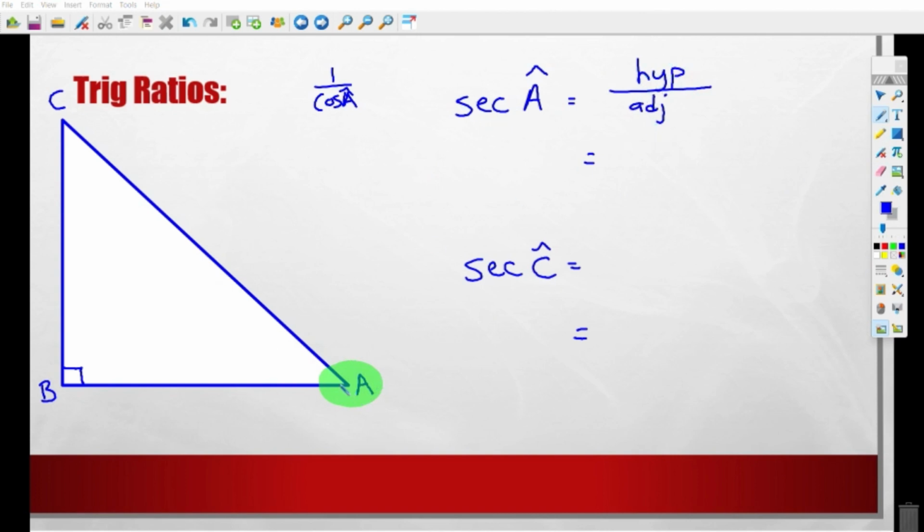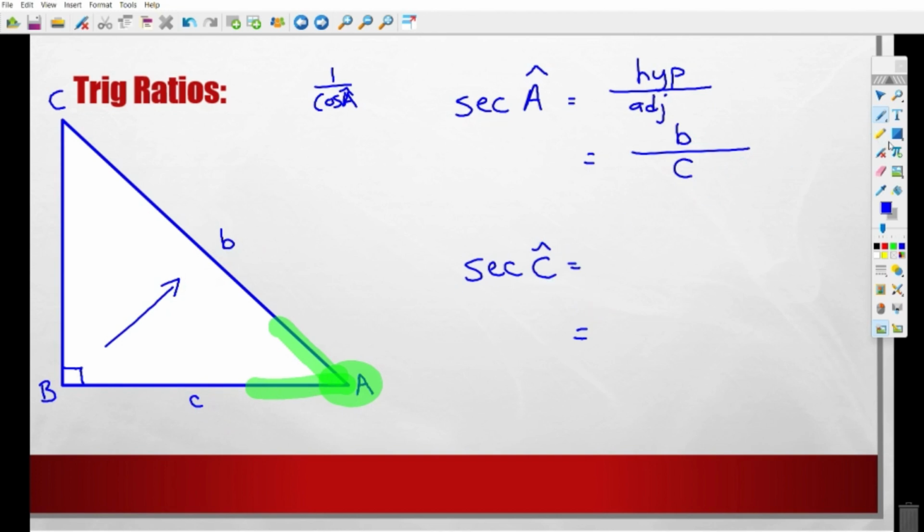Which one's the hypotenuse of the two sides touching letter A? This one, because it's opposite my 90 degree, which is letter B. So little b over. Now the other side is automatically the adjacent one, which is little c. So little c over there.